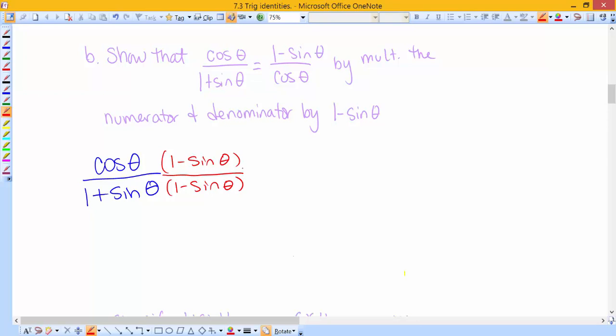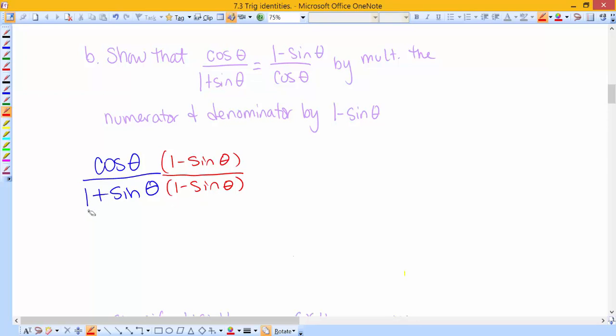My reason for this, first, my indicator is if you look at the right side back here, in the numerator, what we're looking for is a 1 minus sine. So somehow I do need to get a 1 minus sine in the numerator. And it just so happens that by multiplying the denominator, which is 1 plus sine, times 1 minus sine, I am multiplying by the conjugate.